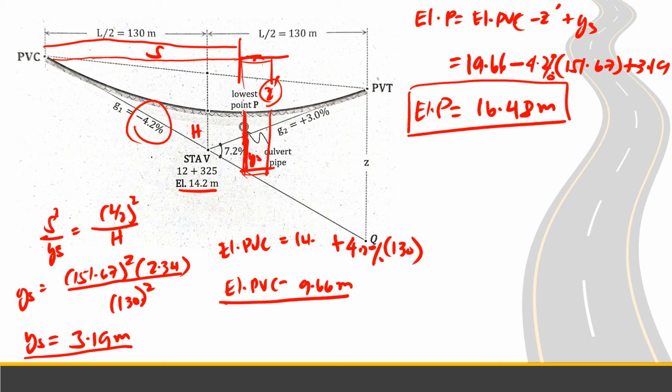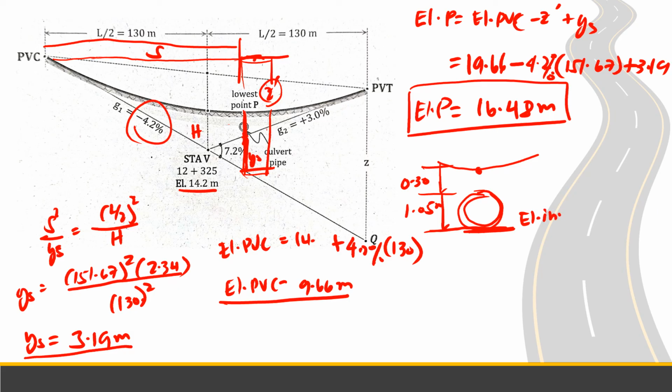But what we are looking for here is the invert elevation of the culvert. If this is the lowest point of the curve and the culvert is located here, from the lowest point to the top of the culvert we have 0.30 meters, and the culvert itself is 1.05 meters. So what is the elevation at this point?